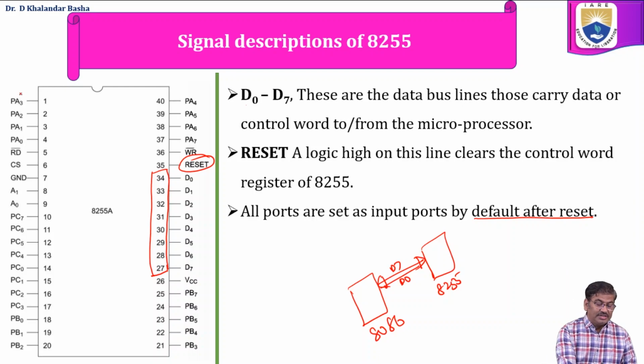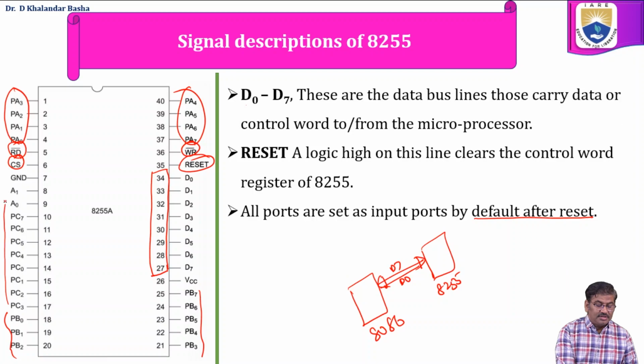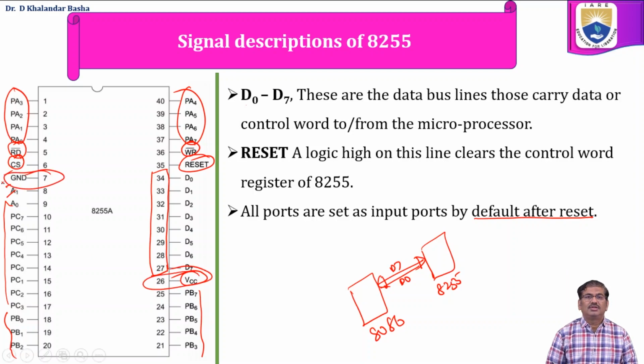The various pins we have discussed are: port A pins; write bar and read bar, the read and write operation indicators; chip select to enable the chip; data lines D0 to D7; port B lines, pins 18 to 25; port C lines, pin number 10 to 17; A1, A0 as address lines; and the 2 supply lines, one is VCC and the other is ground.